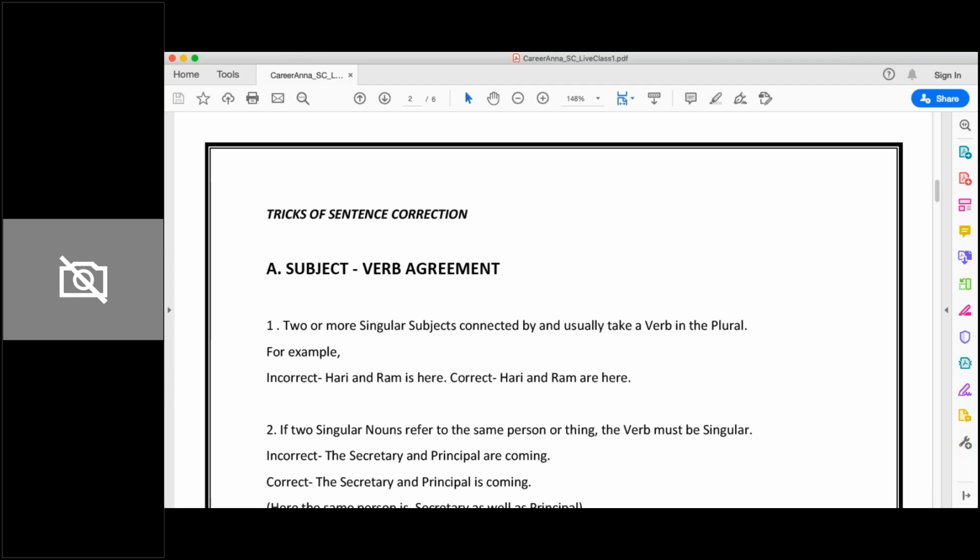We all know, when we were in our class 9th, 10th, we used to study something. How many of you have studied from Wren and Martin at some point of time in your school? So we all studied something called subject predicate in Wren and Martin.